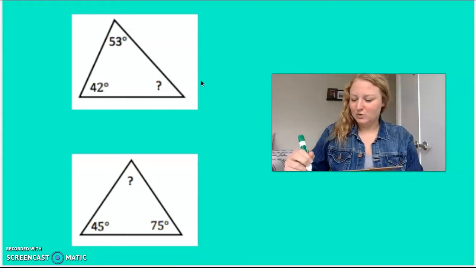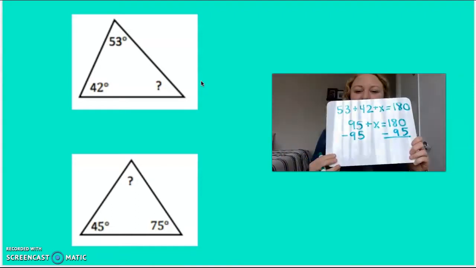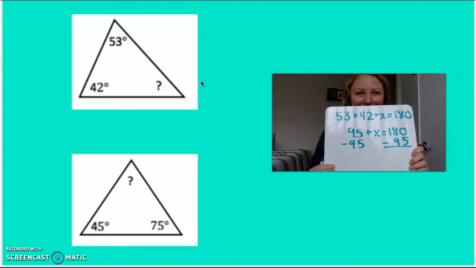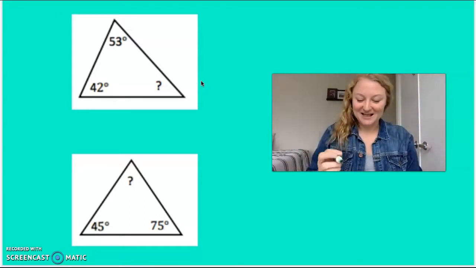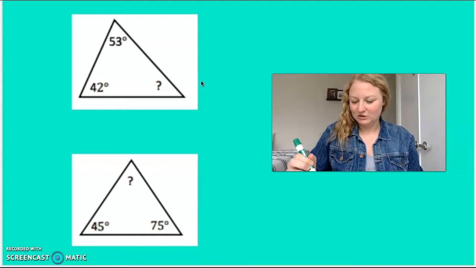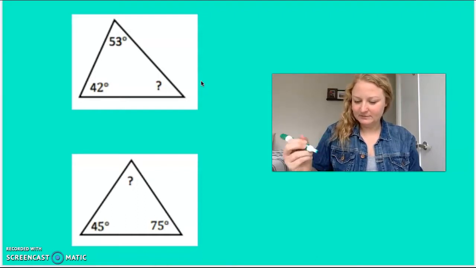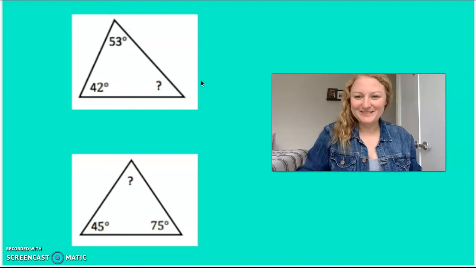And what I do to one side, I have to do to the other. So 95 minus 95 gives me nothing. So I'm going to bring down my x, and then I'm going to subtract. All right, you subtract 95, and let's see what we get.